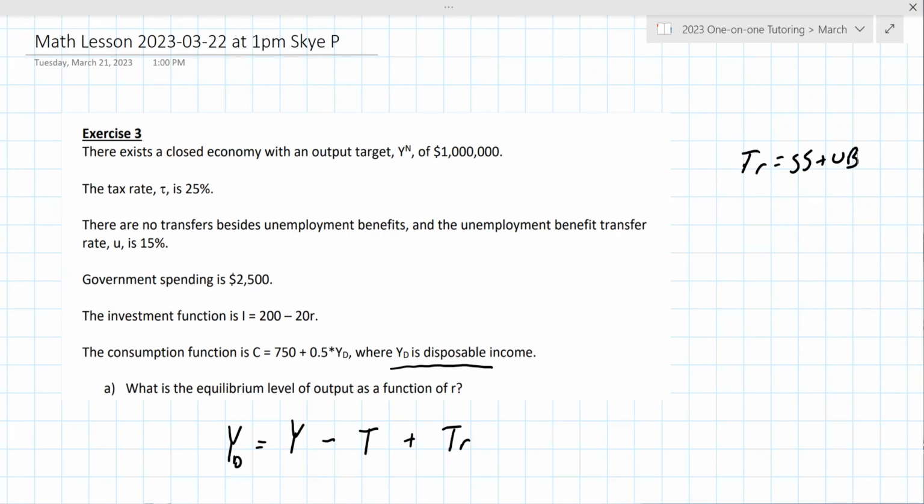Let me go back and look. Yes, that seems right, but that was from a different assignment. That would be like, we would include the rate. Yes, and that is part of the transfer payments here.